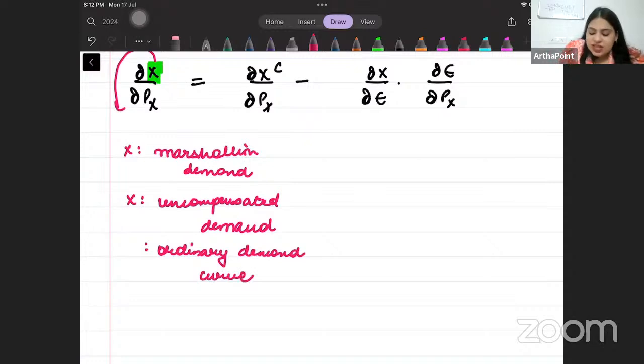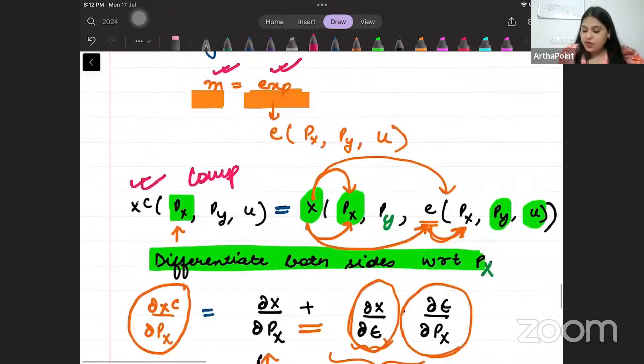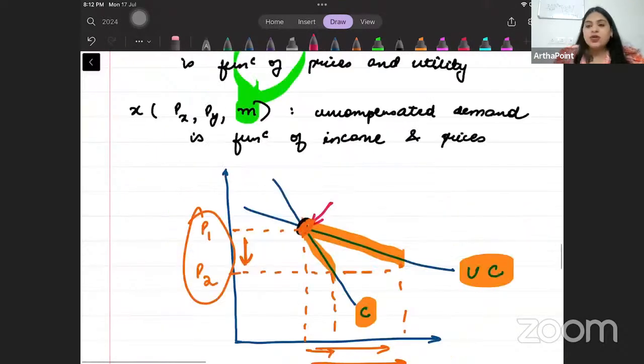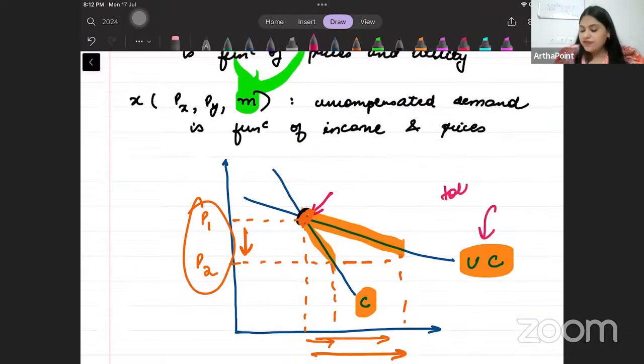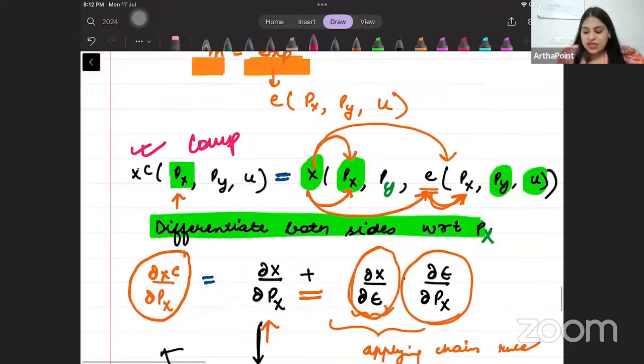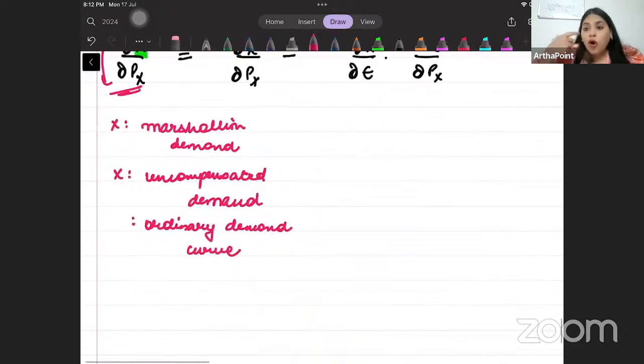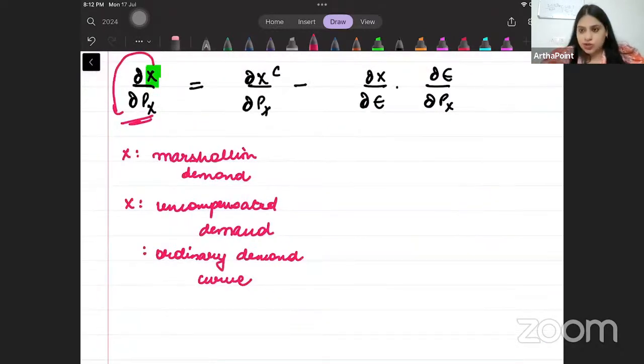So this tells me how the ordinary demand or the total demand will change as price changes. The ordinary demand curve, the uncompensated demand, was the total demand curve, showing the total effect. That means this tells me how the total effect will be.